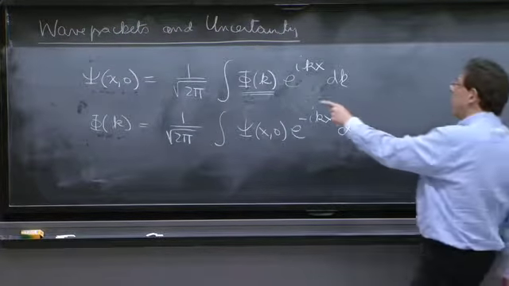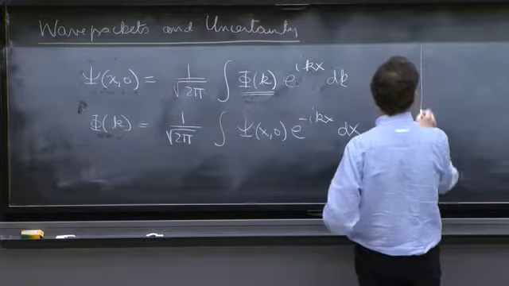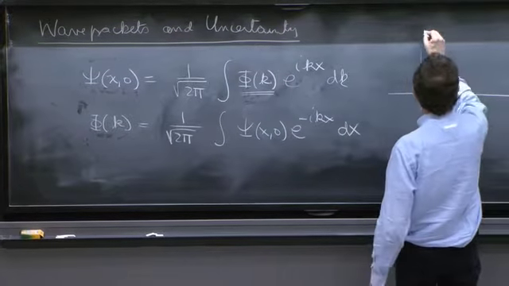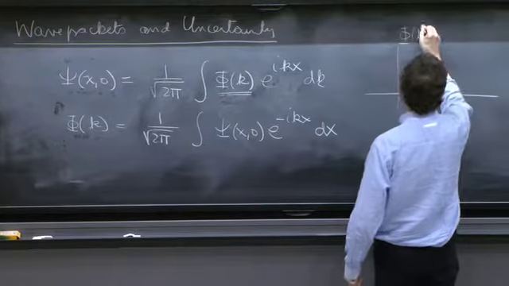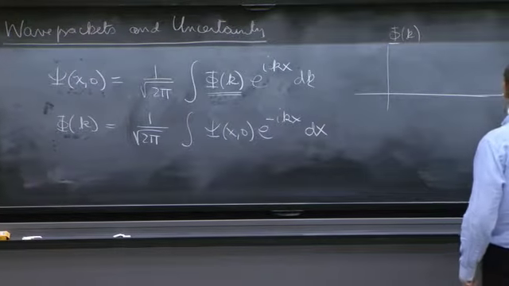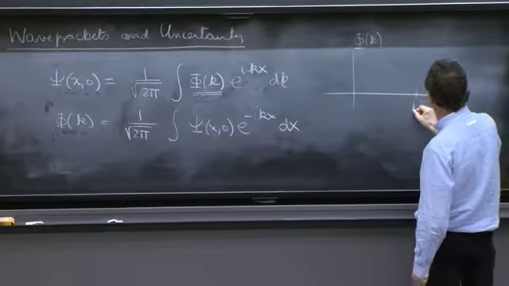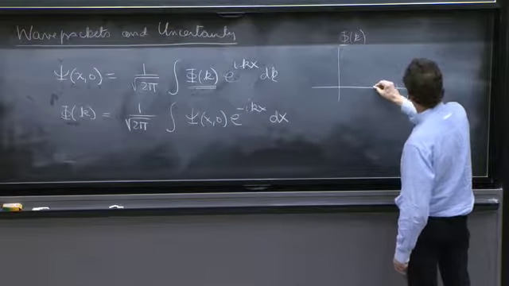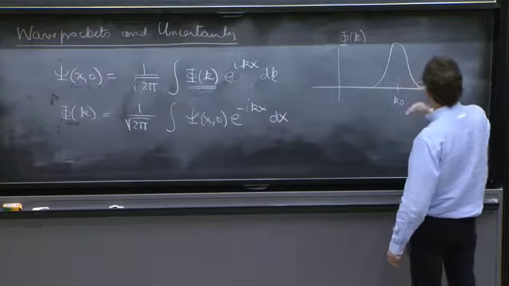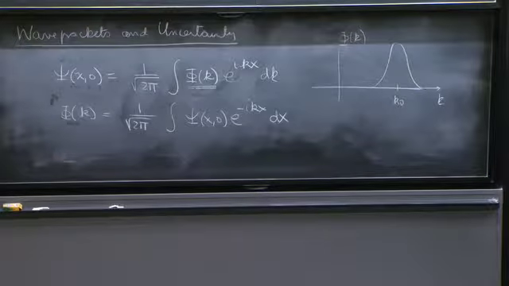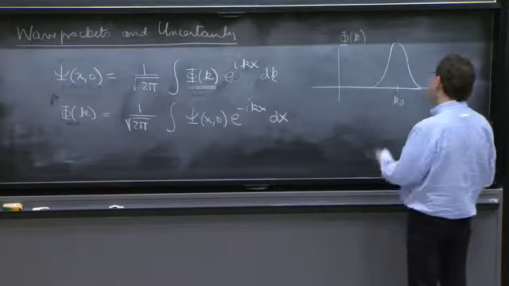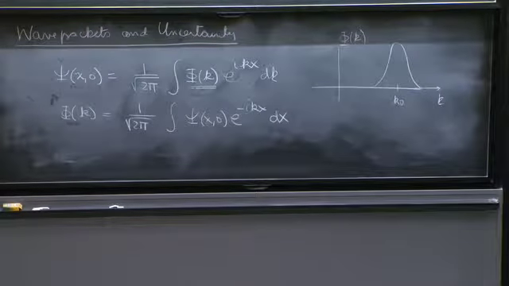Now, as before, we will take a phi of k that depends on k and is centered around some value k naught. It's some sort of nice centered function. And it has then, we say, some uncertainty in the value of the momentum.